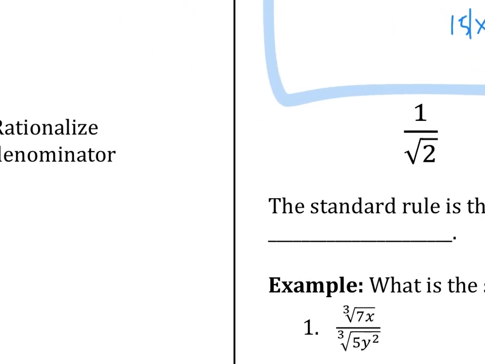So we are on page 2 of our notes. The rule about rationalizing the denominator is you cannot have square roots or any kind of roots in the denominator.